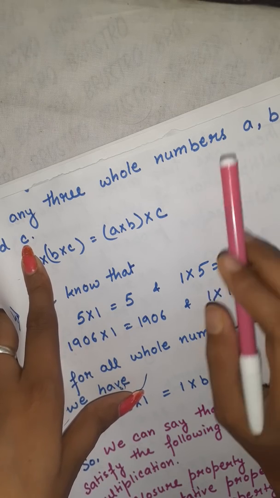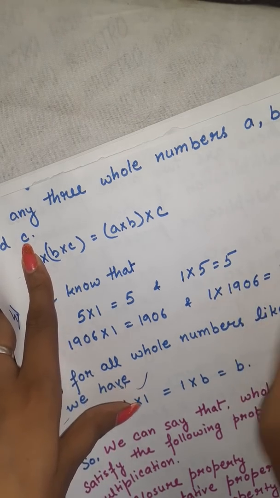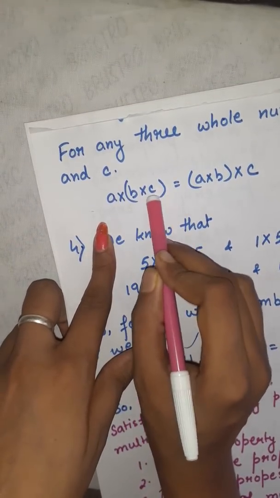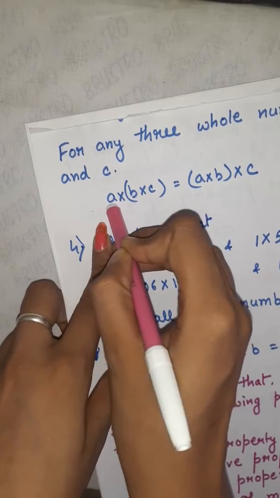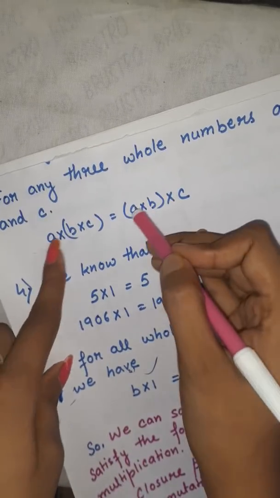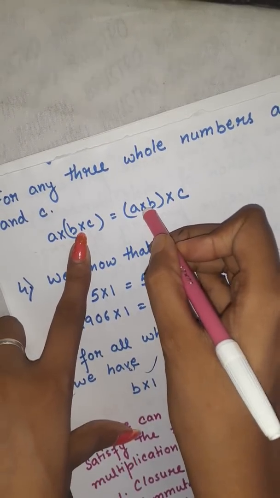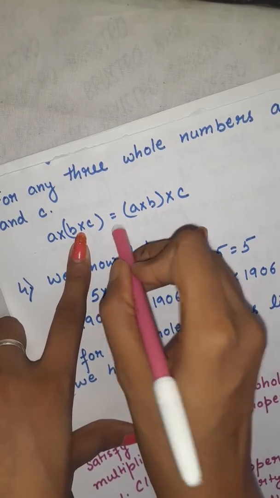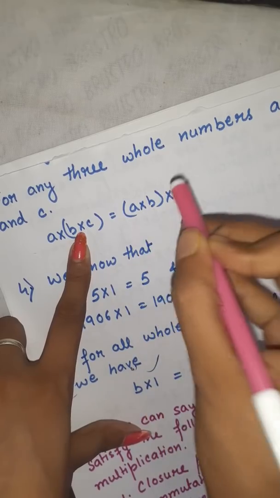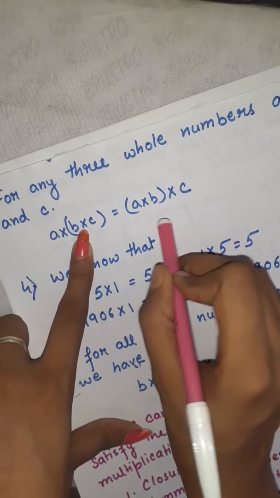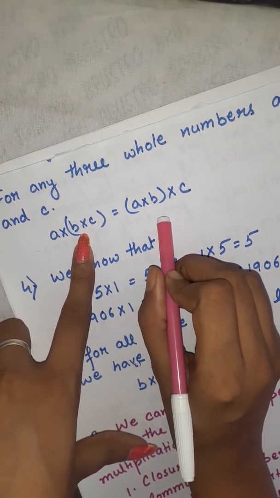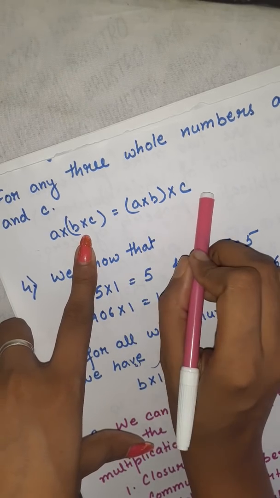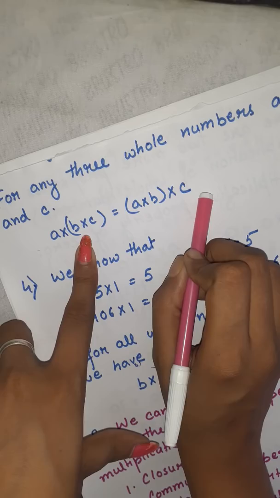Then if you multiply b and c first and then multiply by a, you will get the same result as if you multiply a and b first and then multiply by c. You can change the order of multiplication while dealing with whole numbers. The result will always be the same. You can change the order of multiplication according to your convenience.